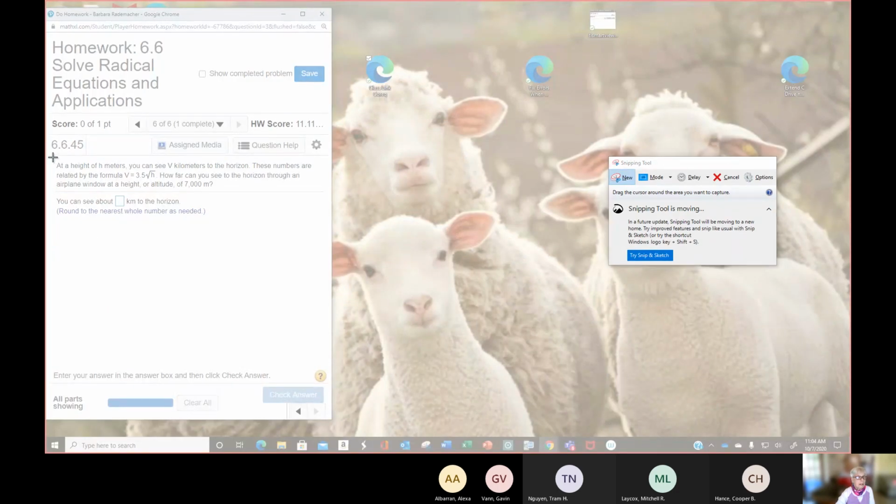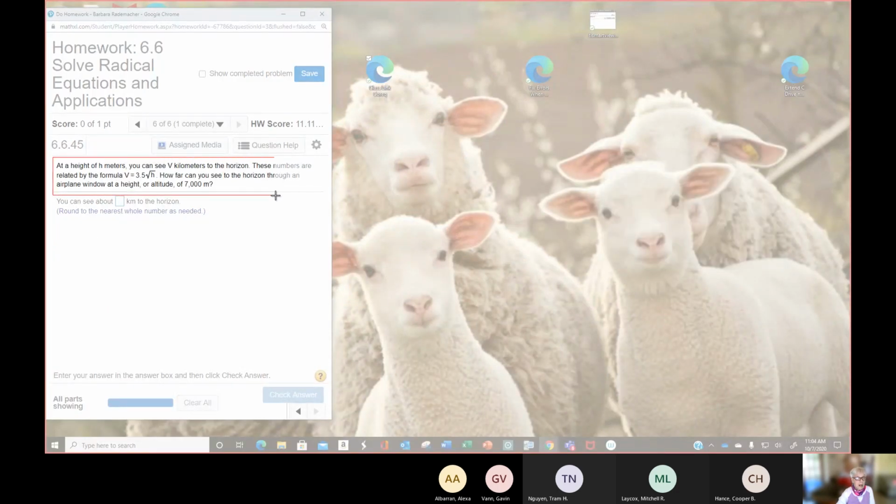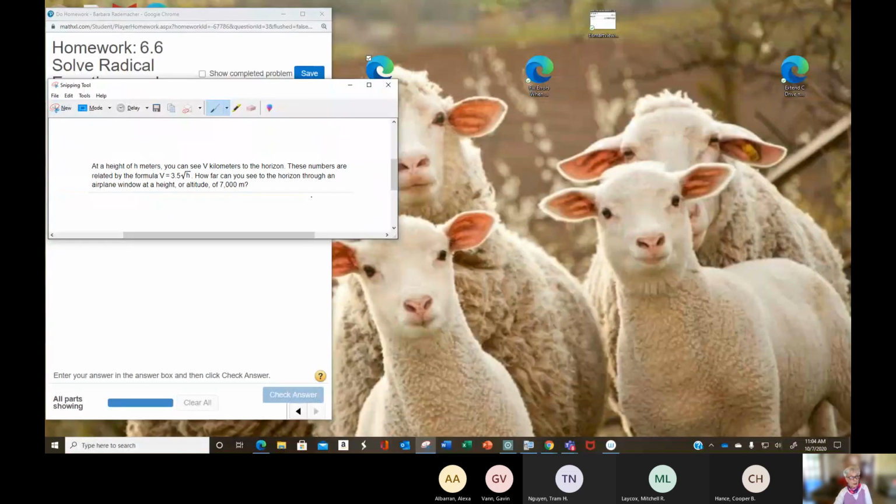Yes, indeed. I love this tool, Snip and Sketch. It comes free with Windows 10. It's in accessories, I think. Maybe not. Maybe it's somewhere else now.